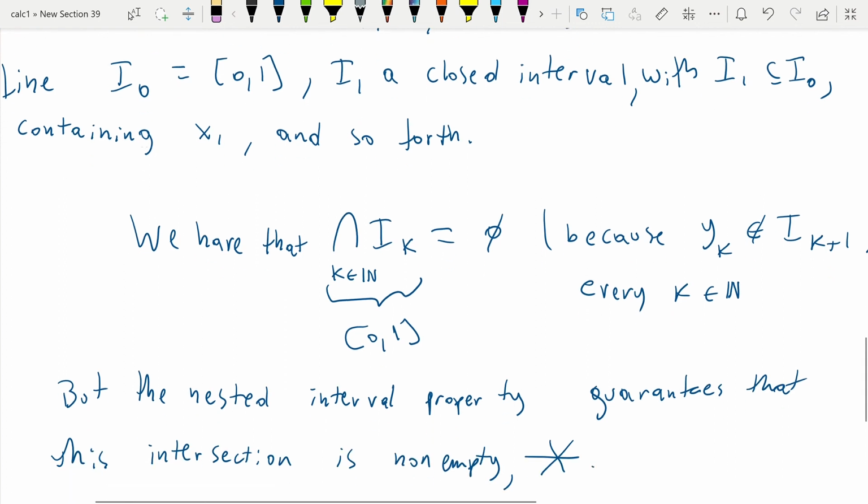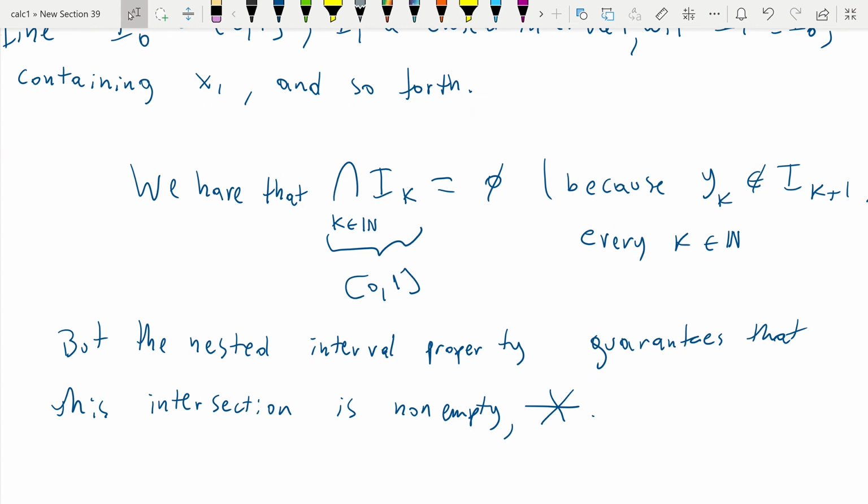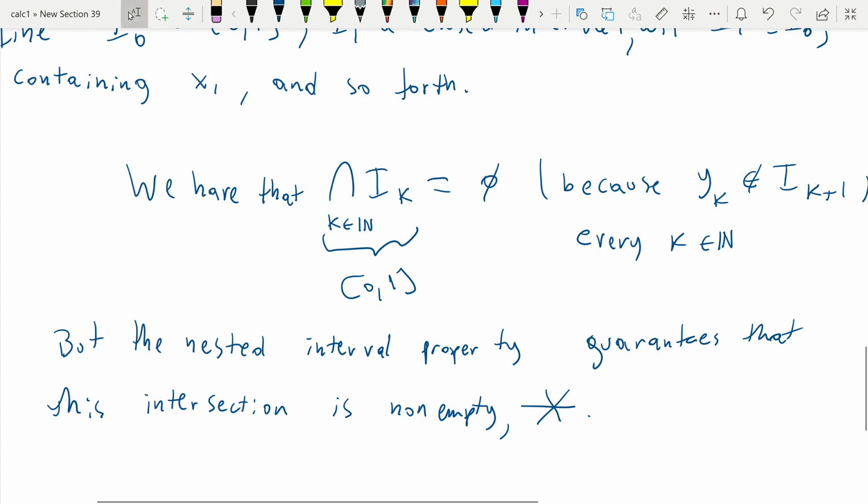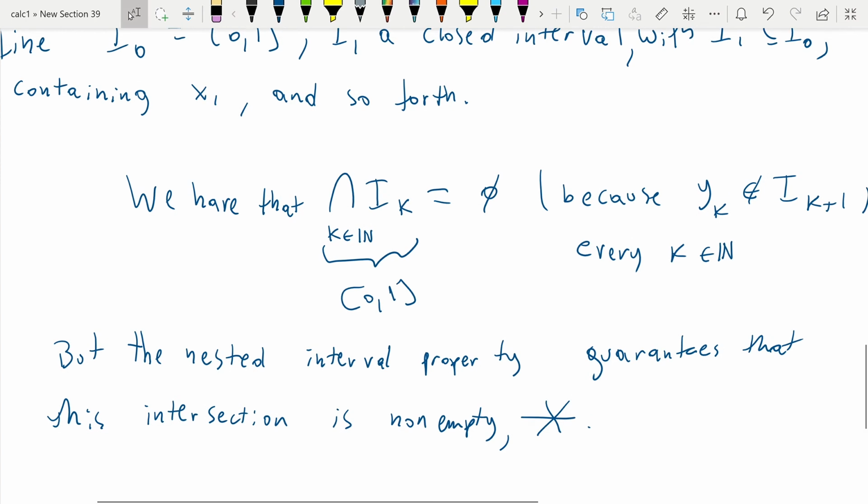The problem here just stems from the fact that we assumed that this subset of the real numbers was countable. And in fact, this subset 0, 1 has the same cardinality as R. You can take that as an exercise, but it's an easy one.